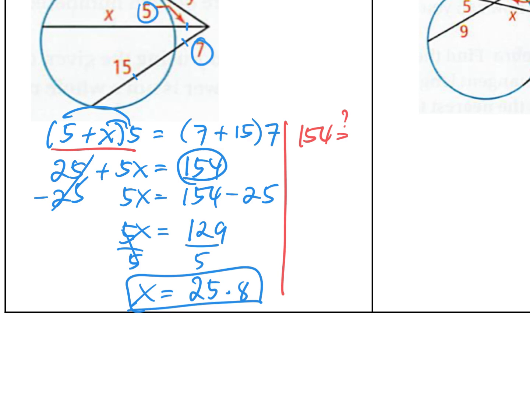I'm gonna put that in. 5 plus 25.8 multiplied by 5. Is it 154? So 25.8 plus 5 is gonna give you 30.8 multiplied by 5 again. Voila, it's the same, 154. So our calculations are correct.